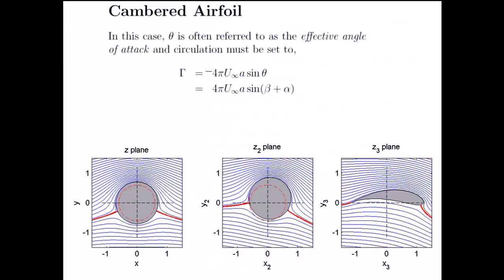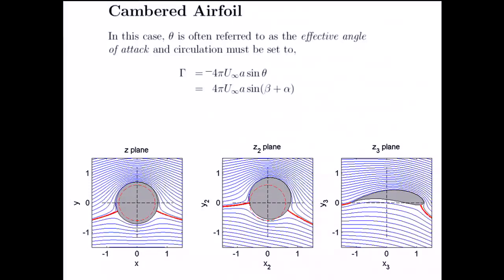Why did we do that? That is because theta is the angle related to circulation, right? We want to have a circulation that brings the stagnation point back to the critical point. That's why it is theta plus the angle of attack.